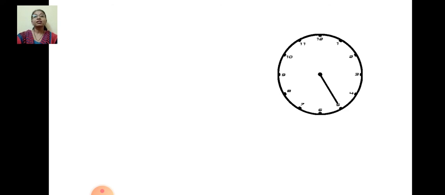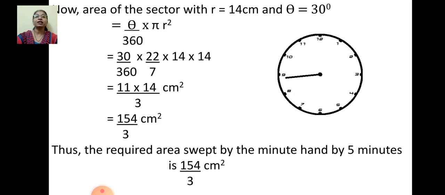So there are 12 such divisions of 5 minutes each, right? So that 360 you divide by 12, you will get the angle traced by this long hand in 5 minutes. So 360 divided by 12 is again 30 degree. Anyway you do, both are correct.